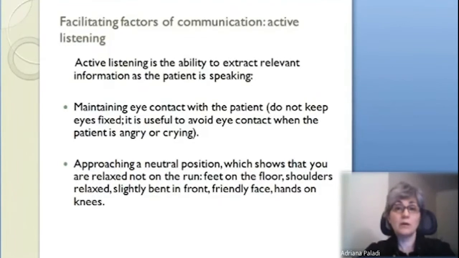Active listening being the ability to extract relevant information as the patient is speaking, and it includes making eye contact with the patient and approaching a neutral position, which shows that you are relaxed and not on the run.